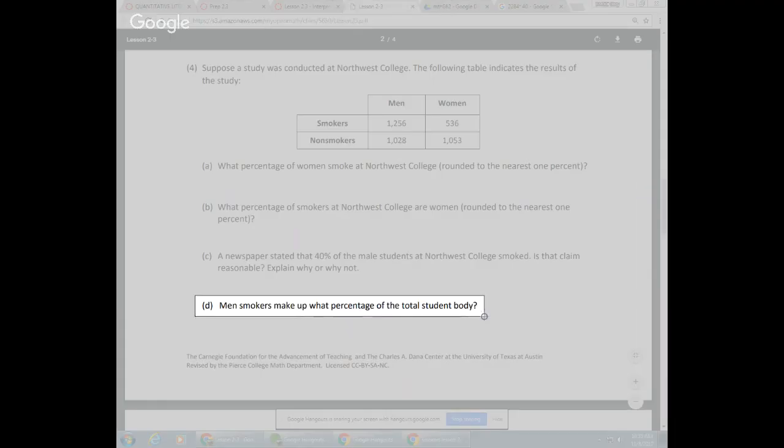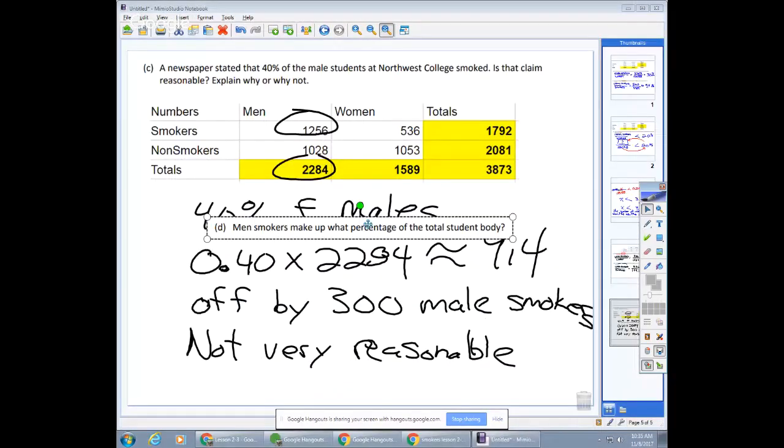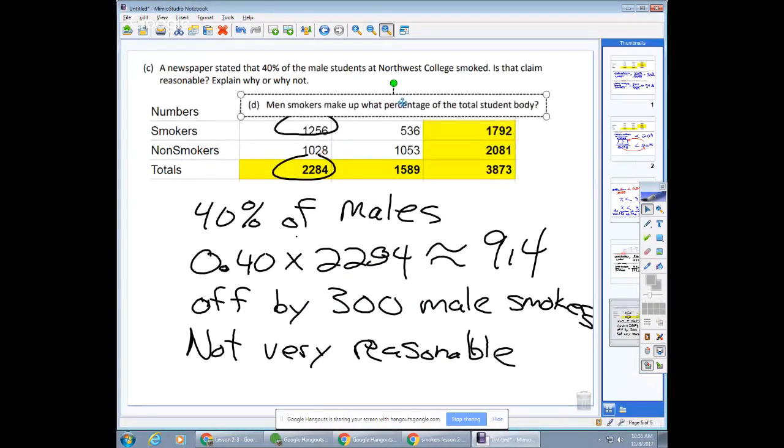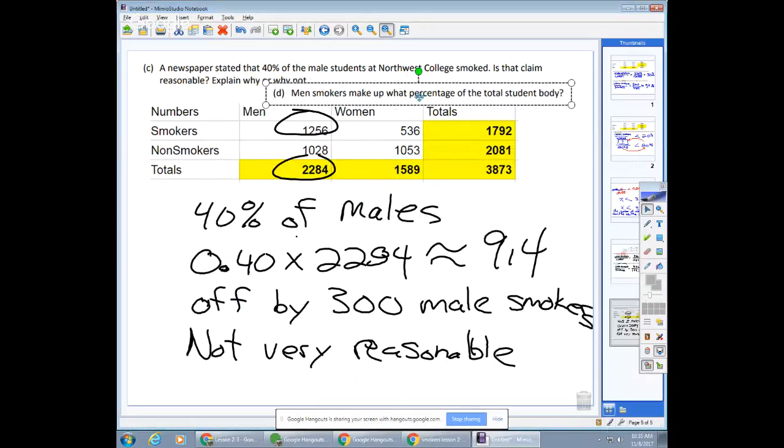So we know how many male smokers there are. There's about 1,200 of them. So now I'm considering of the total student body, which number of my totals is that here? 2,200, the 1,700, the 3,800. Anybody wants to check?